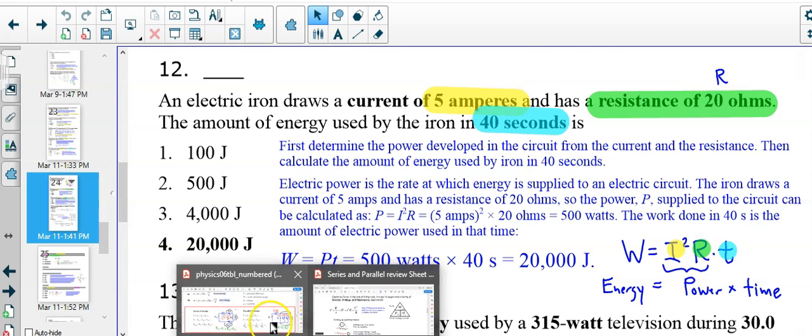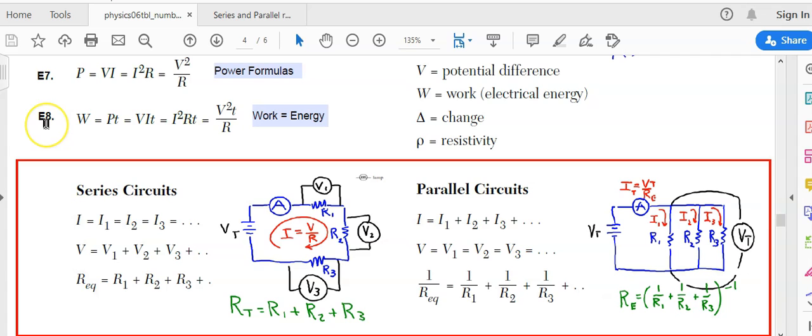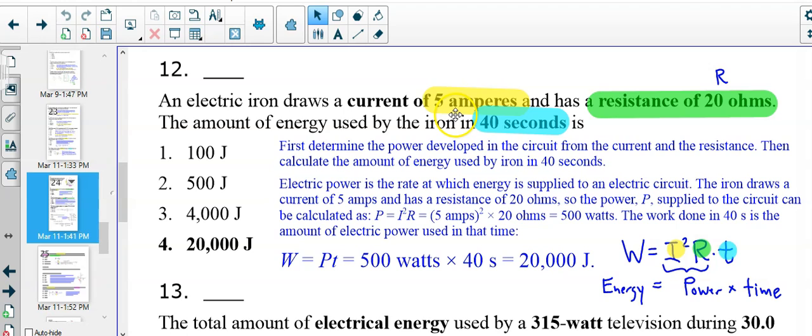Recalling from the reference table, in equation E8, W equals power times time, but it's also expressed as VIT, I squared RT, and V squared T over R. What variables do we have in this problem? We have current, amps, which is I, and resistance, R, which is in ohms. And of course we have time. So we're going to go right to energy equals I squared RT. Put in the I: 5 squared times 20 times 40 seconds, 20,000 joules.